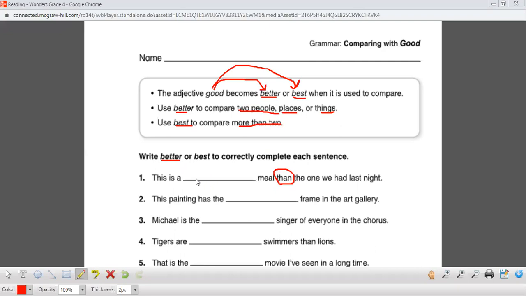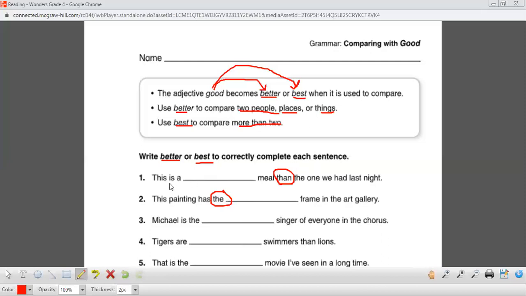So I will be saying better than. And also in 90% of the cases, when I have a comparison using best, I will have the before it, because I'm comparing it to more than two options.